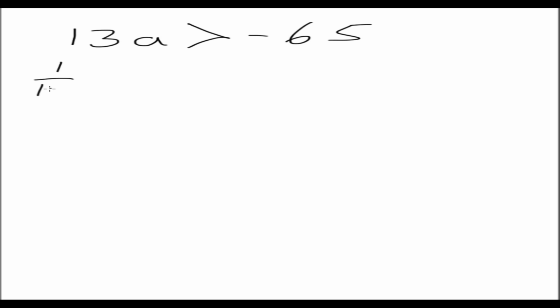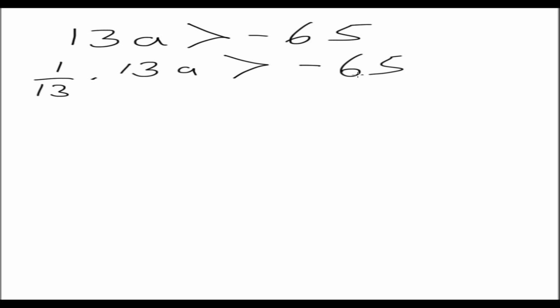So let's take a look at another one where we're going to solve for a variable, and we're going to graph the solutions. And so here we've got 13a is greater than -65. So the coefficient of a is 13, so 1 over 13 times 13a is greater than -65.